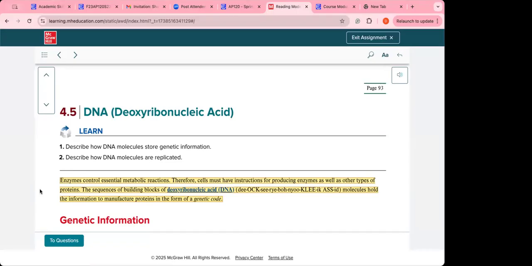Therefore, cells must have instructions for producing enzymes as well as other types of protein. The sequence of building blocks of deoxyribonucleic acid, DNA molecules, holds the information to manufacture proteins in the form of a genetic code.